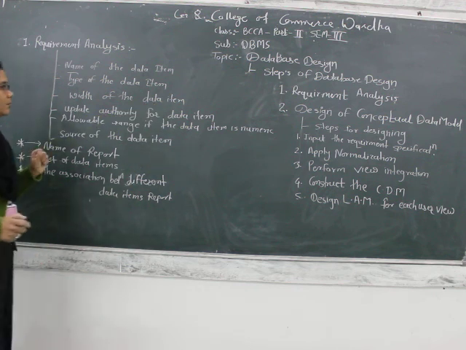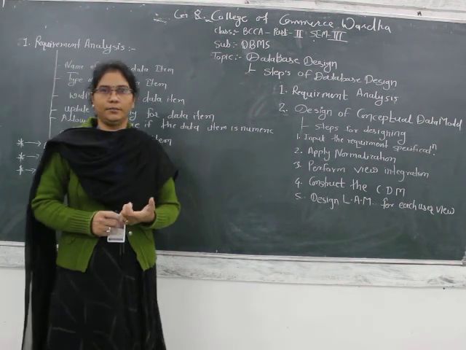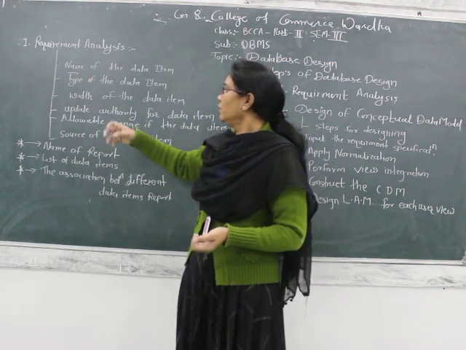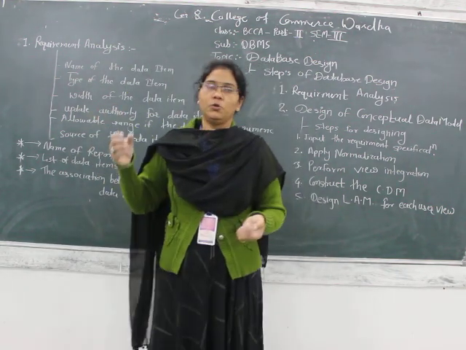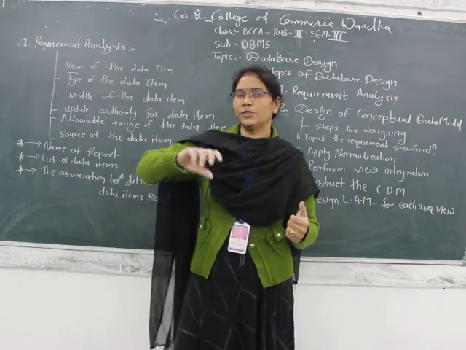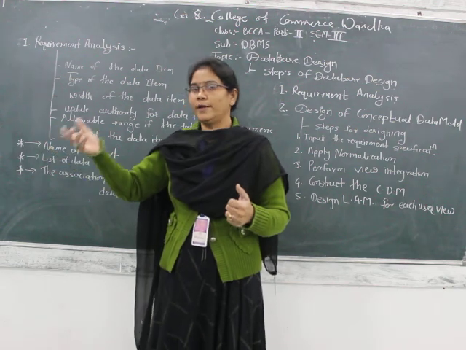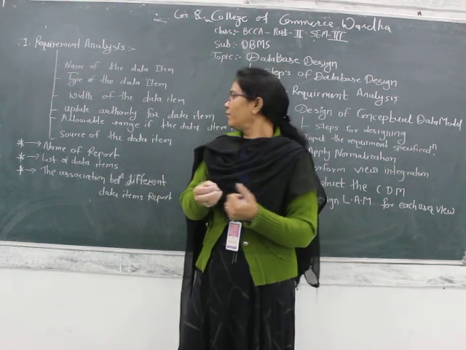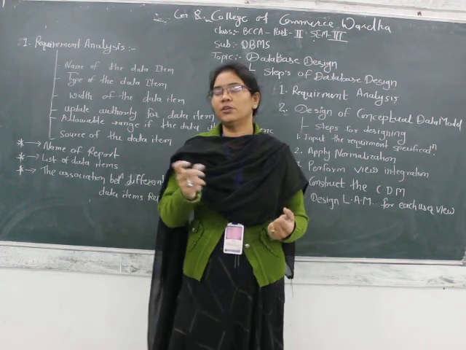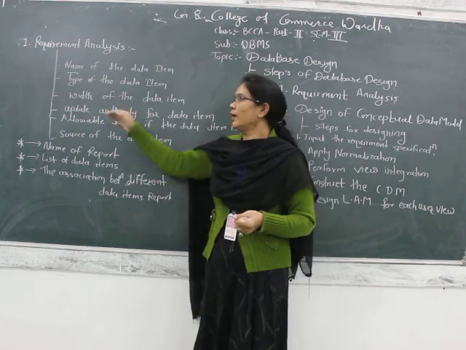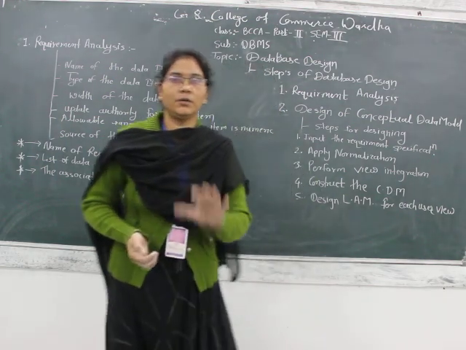Then update authority for the data item. That means we can create the authority for updation. If we have information which is updated by someone and then again updated by another one, there is a conflict for the updation. So we can provide the authority to only one person who can update our particular information.